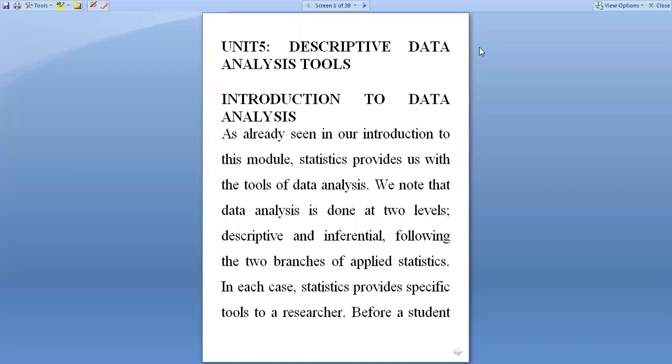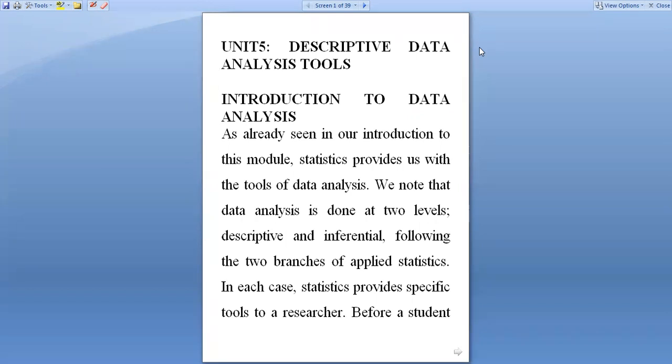We are also going to look at descriptive data analysis tools, when each tool is used, how to use each tool, and finally, how to interpret the results of each tool.